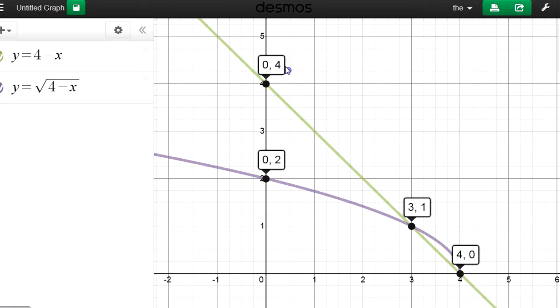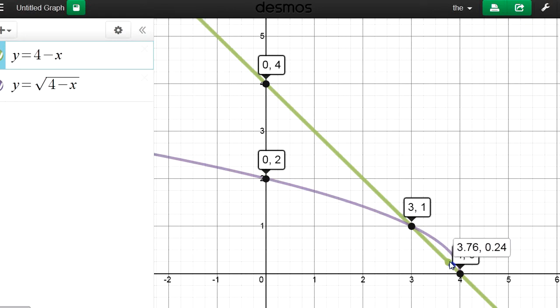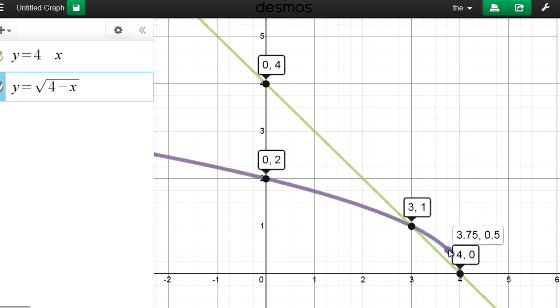Because when you have numbers that are bigger than 1, you take their square root, you get a smaller value. But when you have numbers that are smaller than 1, say here, the y value there is, I can maybe stop on there, 0.25. The square root of 0.25 is actually bigger. It's 0.5.